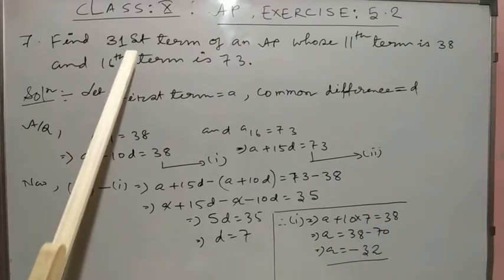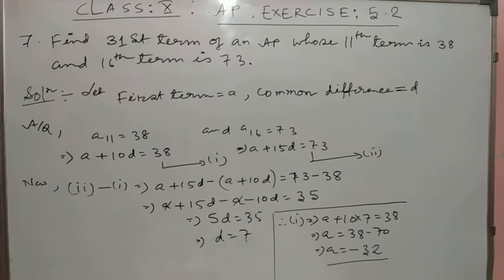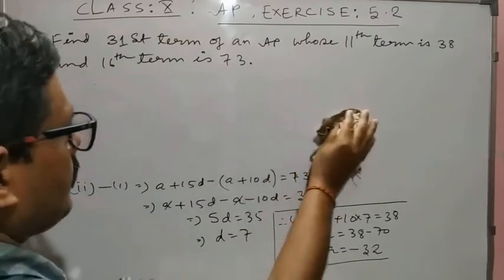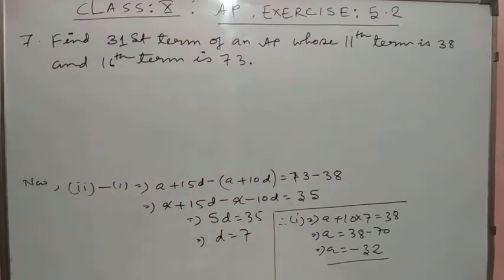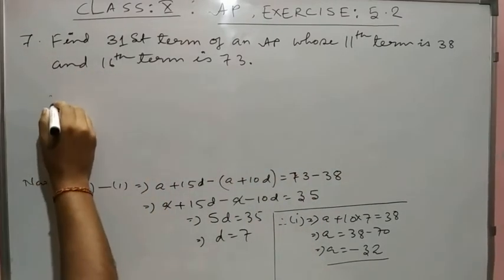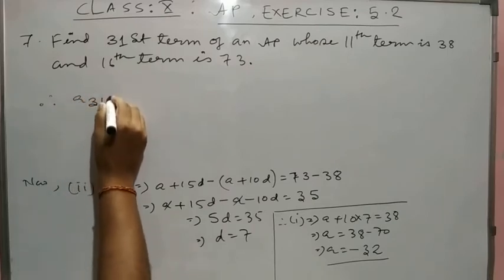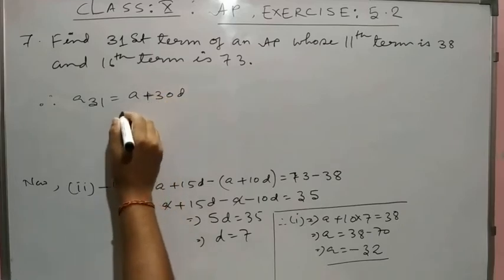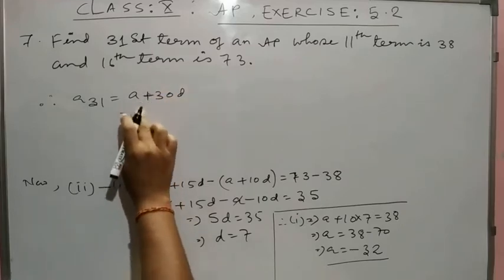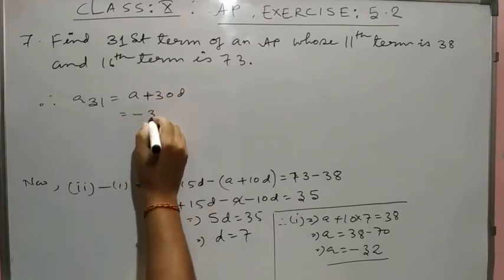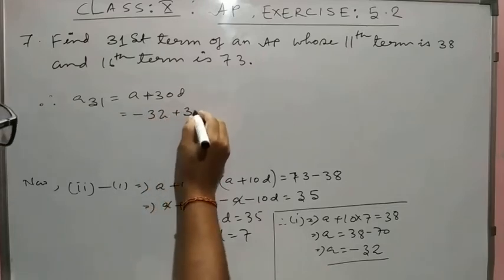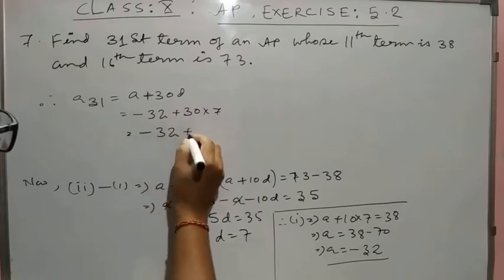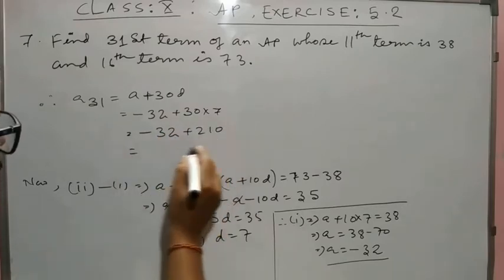Now you have to find out the 31st term. Therefore A31 equal to A plus 30D. So this will be A means minus 32, plus 30 into 7. So it will be minus 32 plus 210.